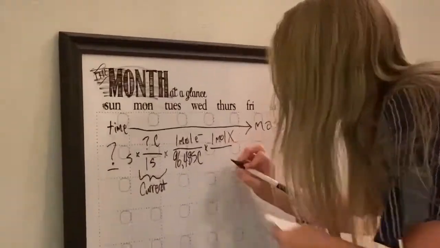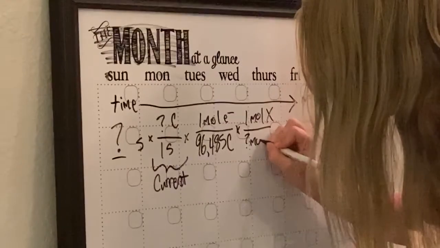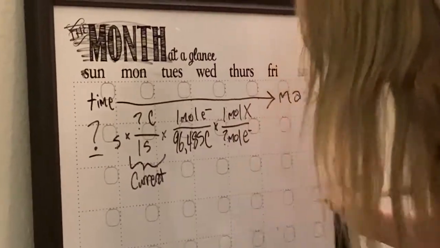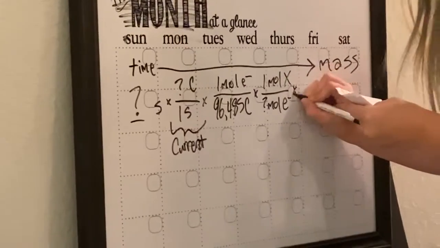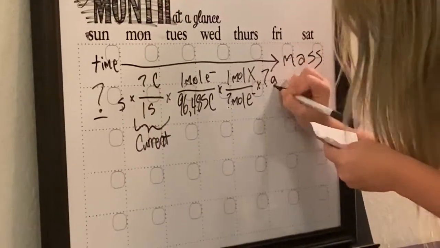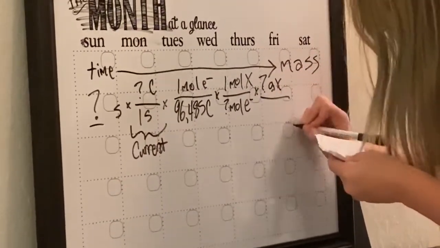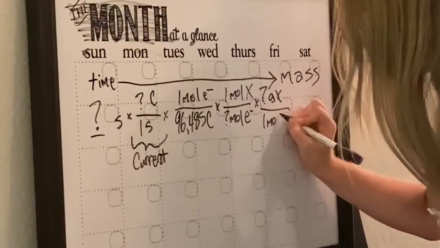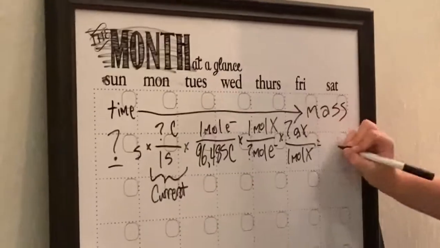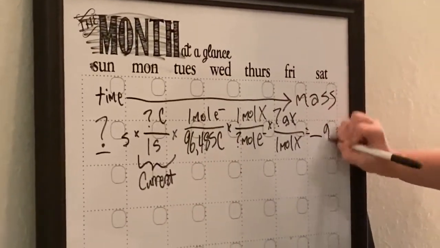So 1 mole of X per however many moles of electrons, which you will find out when you're given your equation. Then finally multiply that by your mass in grams of X over your moles of X, as you will with any stoichiometry problem. And that will give you blank grams of X. That's your final mass.